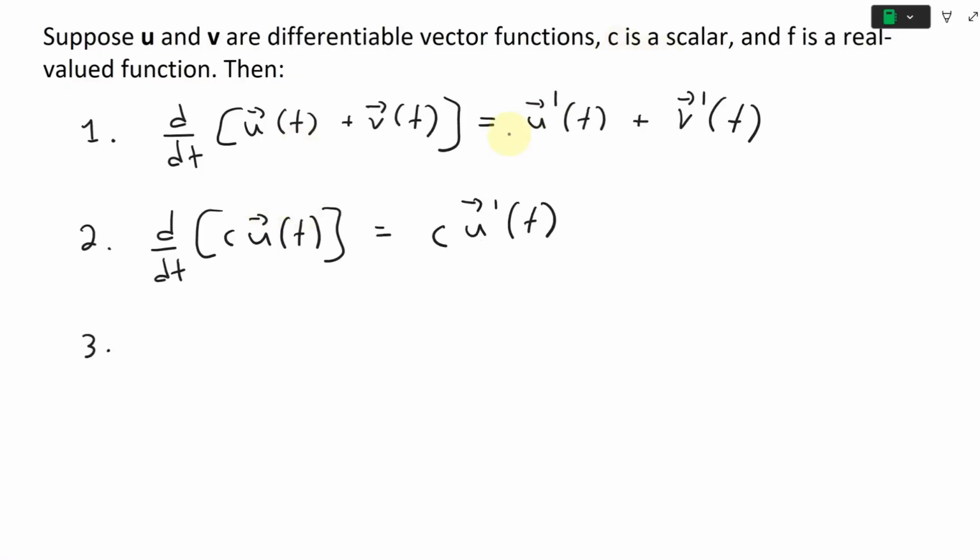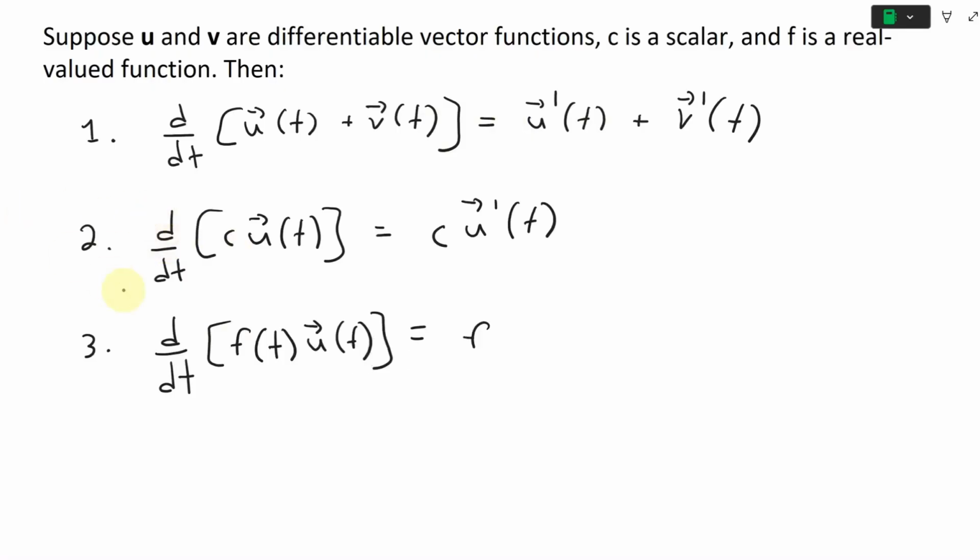Now part 3, or property 3. This is d over dt of a function f of t times u of t. Now we have a function, whereas the previous one was just a constant or scalar. For this one we have to use the product rule.